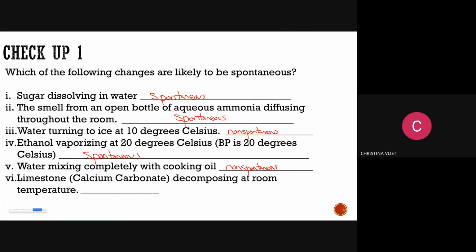Calcium carbonate decomposing at room temperature. So CaCO3 decomposing at this temperature, no spark. Non-spontaneous. Notice if we applied a flame to it, like a Bunsen burner, and raised it to, I don't know, 700 degrees Celsius, it would decompose.